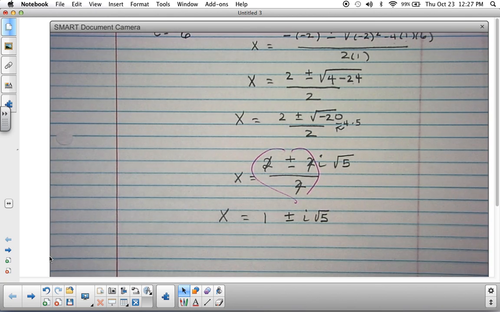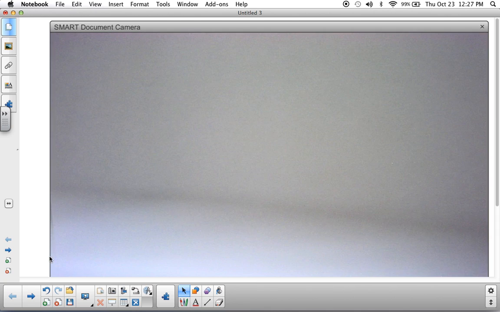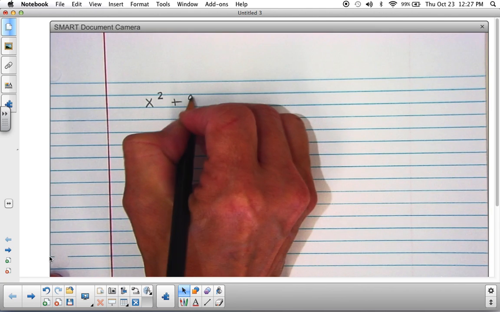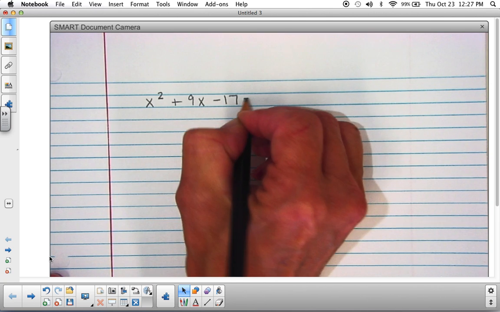I'll give you a couple of blank ones here. If you would like to try a few examples on your own, you can. And if not, be ready tomorrow to talk about what you found easy or difficult or where you have questions. Here's an x squared plus 9x minus 17.